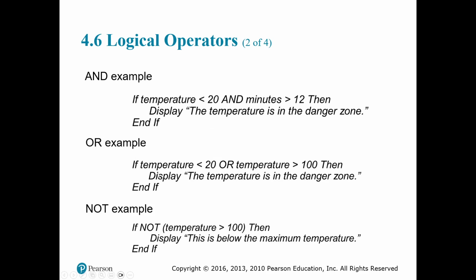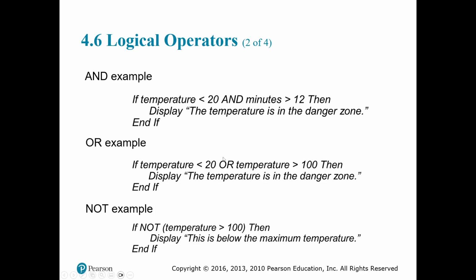So we have if temperature is less than 20 or temperature is more than 100, then we're going to display the temperature is in the danger zone. However, the cool thing about or is that it looks at each condition at a time. So we're going to look at if temperature is less than 20, and if our temperature is less than 20, we're not even going to look at this part. We're not going to look at temperature is more than 100 because we don't need it.